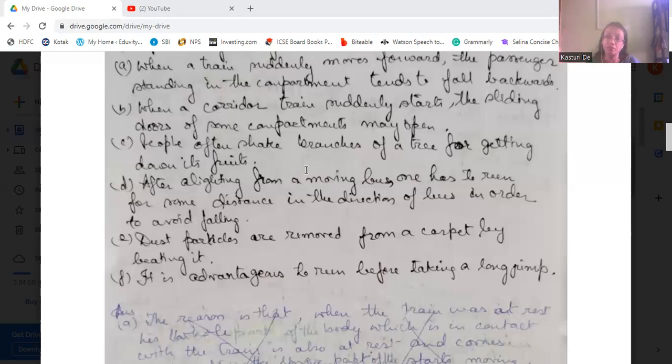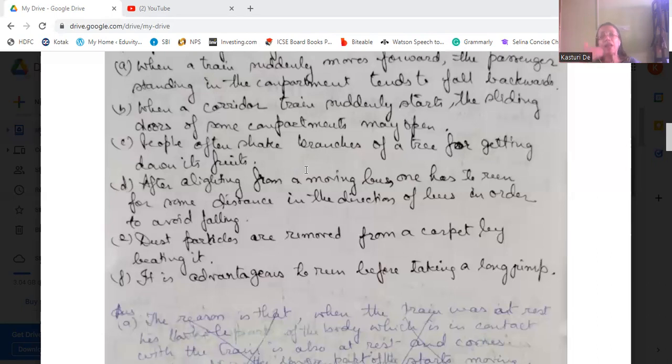But the other parts of his body will still be in the state of motion. So if he stops suddenly, his lower part will be at rest, but his upper part will still be in motion, and that's why he will have the tendency to move forward and may fall down forward.